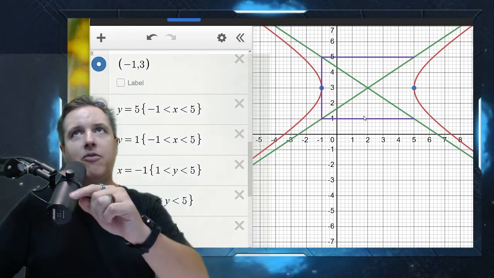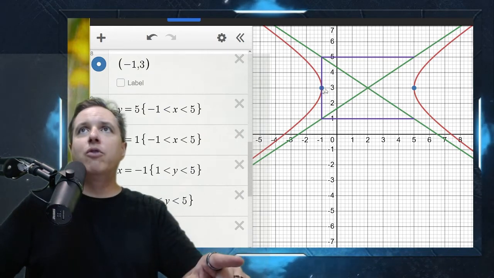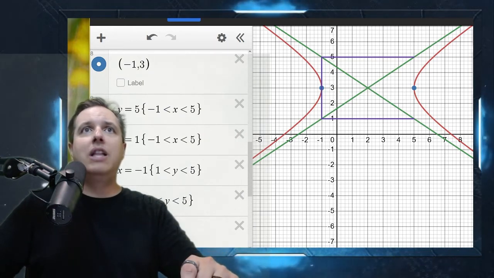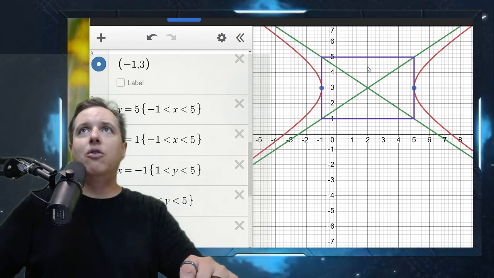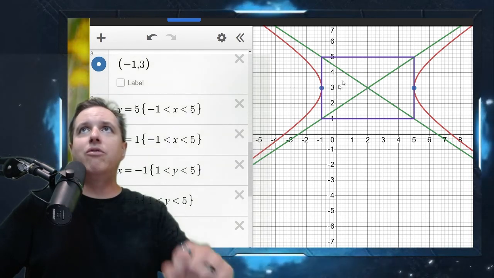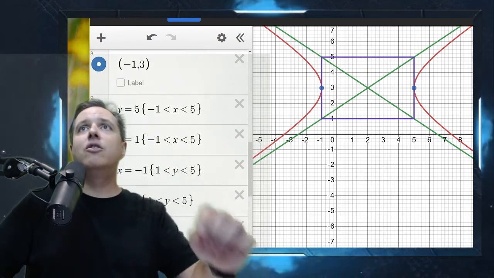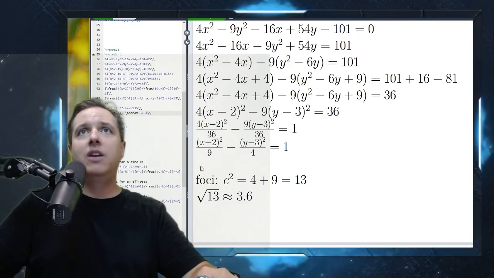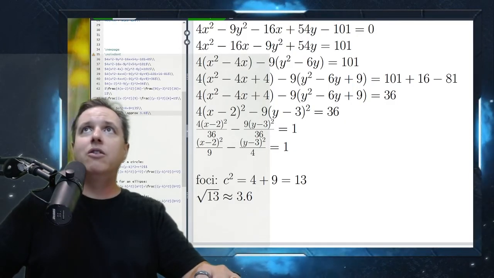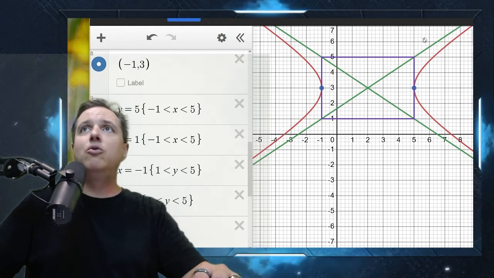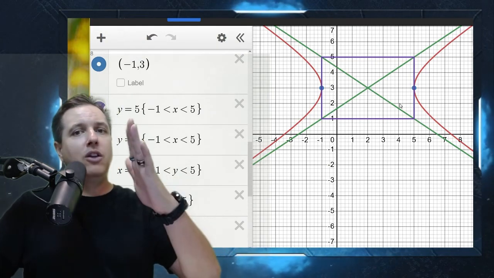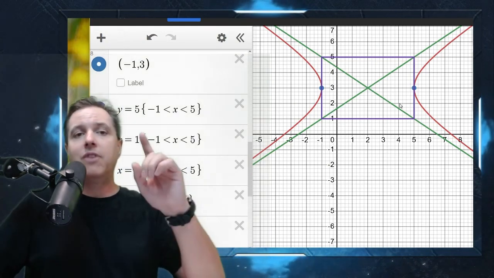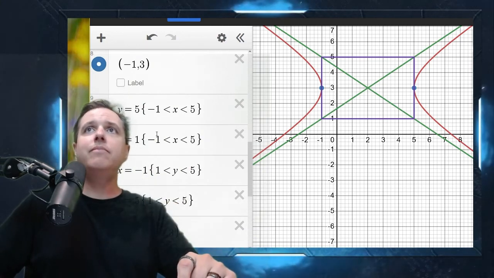Remember the 2 we grabbed from that formula. And then you go over 3 and over 3, and you put lines there. You create this little box. So you go up 2, down 2, left 3, right 3, based on the values that we grabbed from in here, the 2 and the 3. You create this little box, and your asymptotes should go perfectly through the diagonals of that box. If they do, that's a good sign.